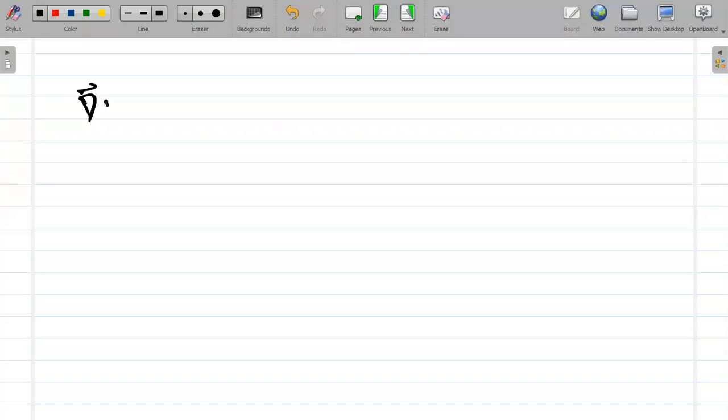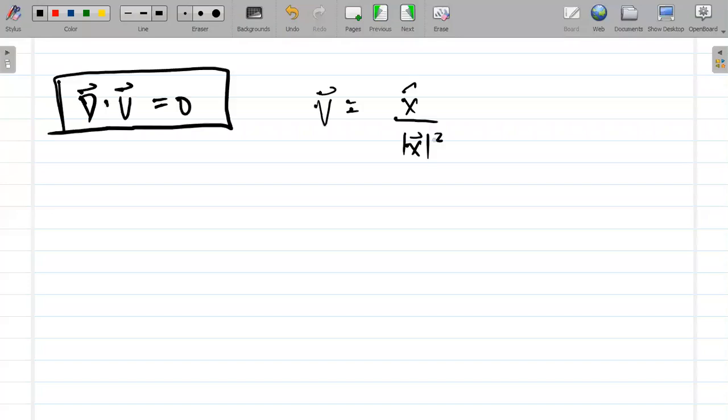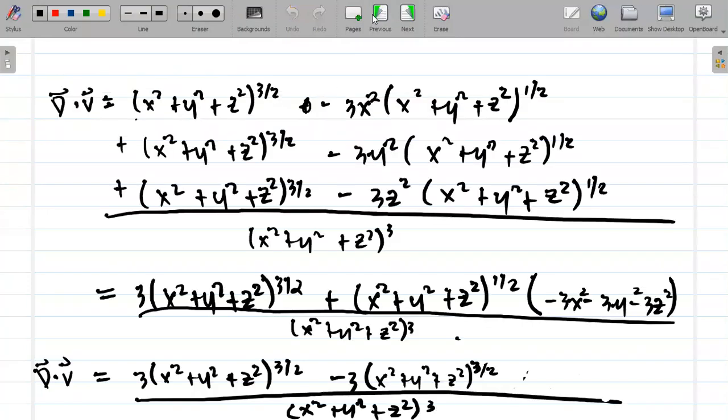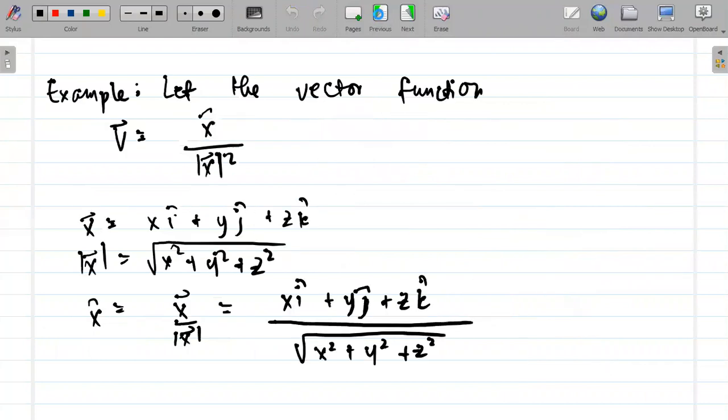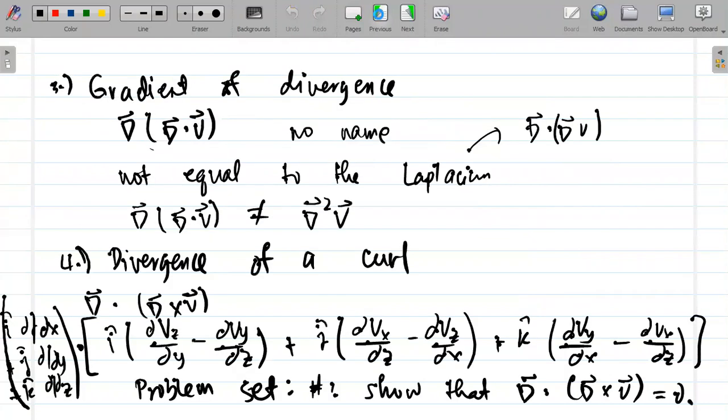O, di ba? When v equals x hat over x squared. Now, class, kanina, sinabi natin na positive ang divergence nito. Kapag ginraph nyo to, itong vector function na to, ganyan yung magiging itsura niya. Pero, from our calculations, ay ba't nag-back?